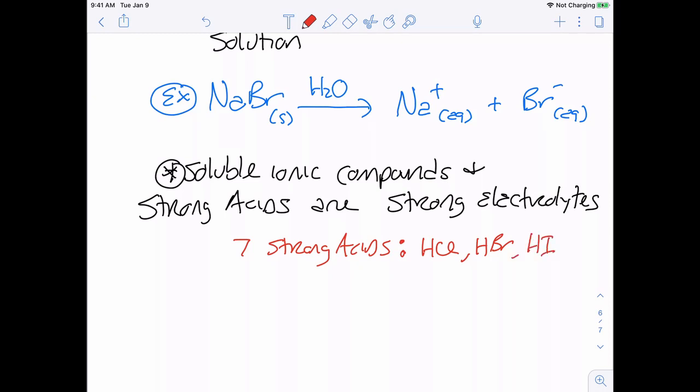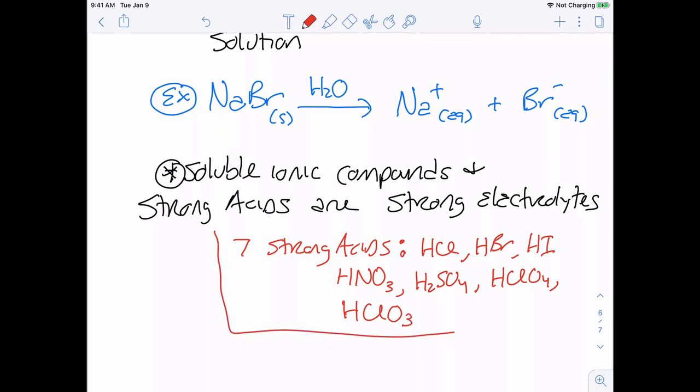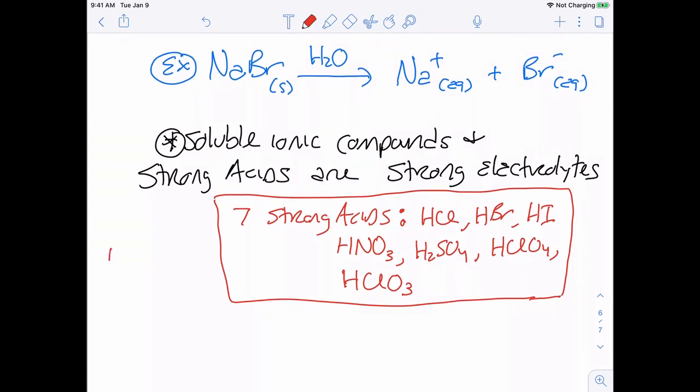And then also nitric, sulfuric, perchloric, and chloric. So these you do need to memorize. We will use them more specifically when we get to the acid-base section of this chapter, but it's good to start learning them now, so do memorize these.